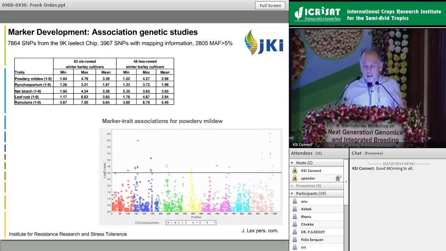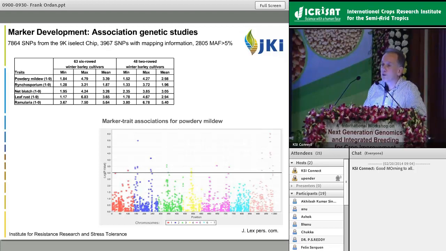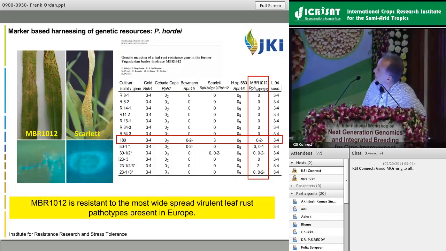But these techniques are also valuable tools for marker development in biparental populations in order to reduce linkage drag and to make these resistance genes accessible for introgression into high-yielding adapted cultivars.